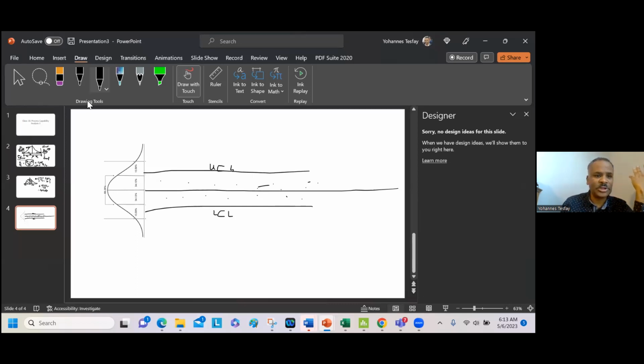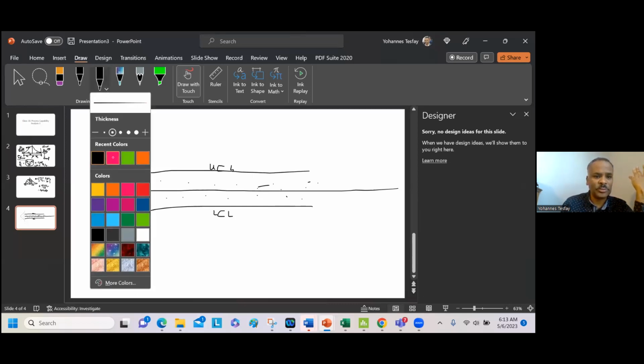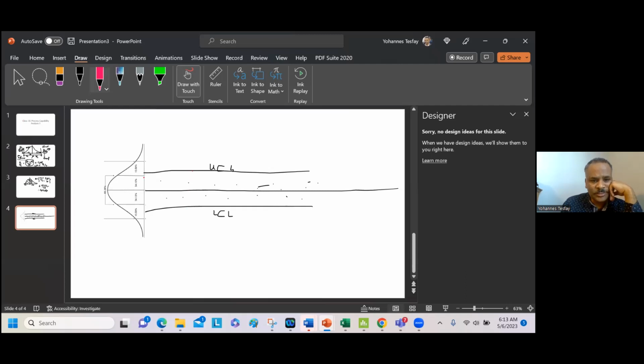Now assume your specification, suppose this one is right here, that is your upper specification limit.